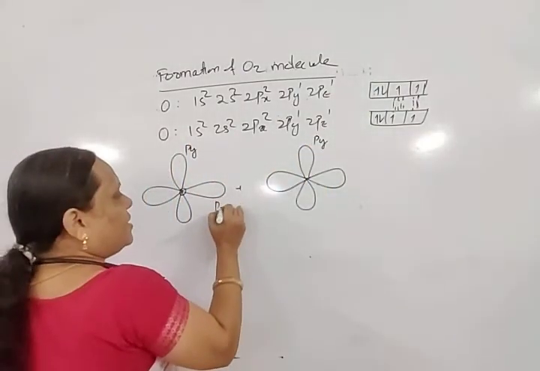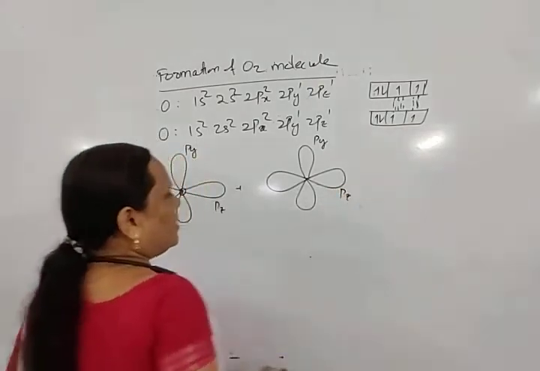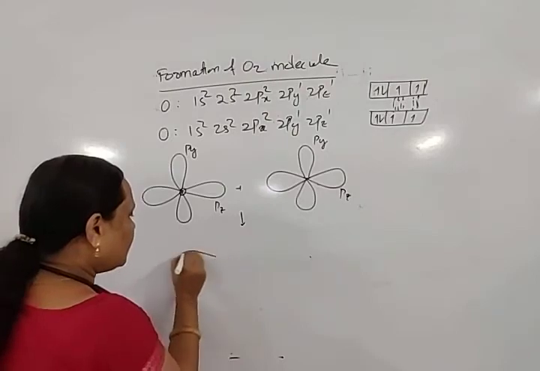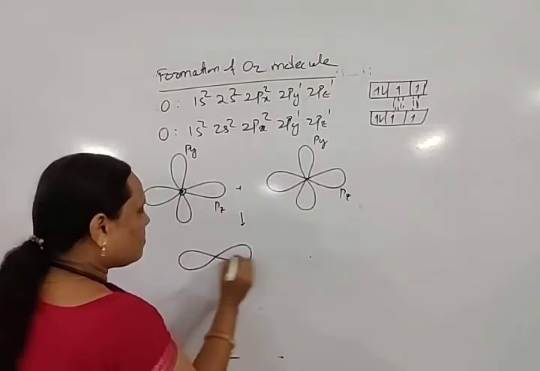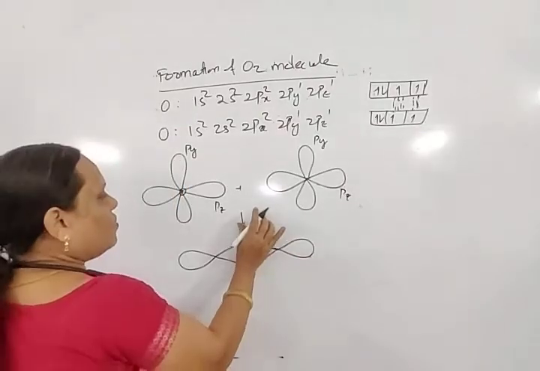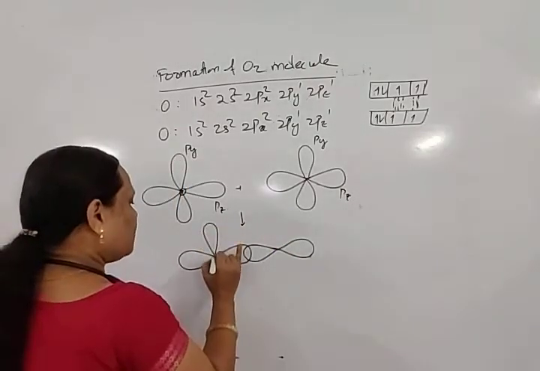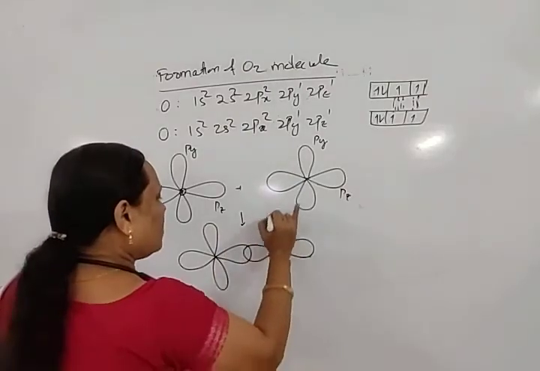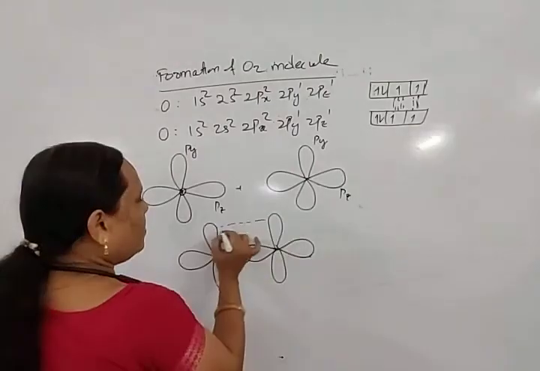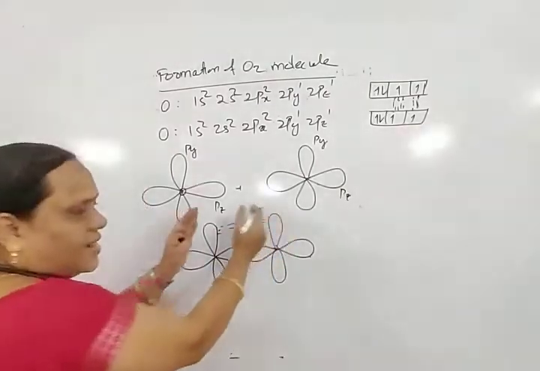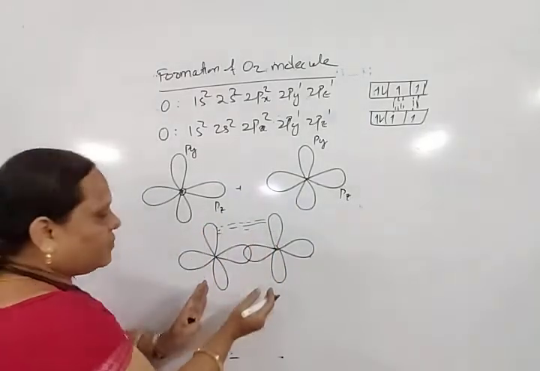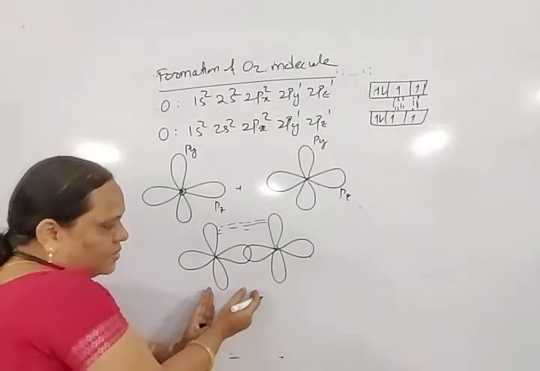This one is pz and pz. So now overlapping of these orbitals takes place. In this way, overlapping of these two orbitals takes place, and another these two orbitals overlap sidewise. So these orbitals move slightly in this direction, and this orbital moves in this direction, so overlapping takes place.